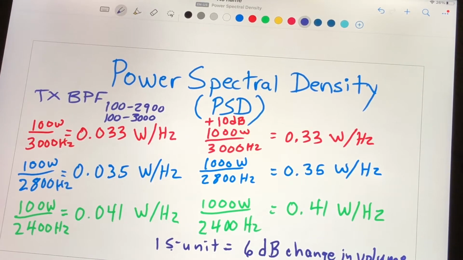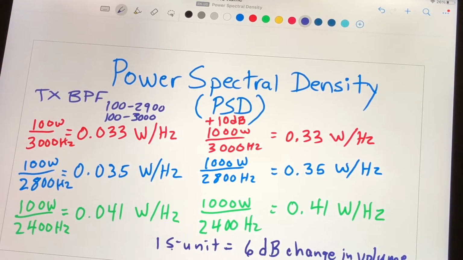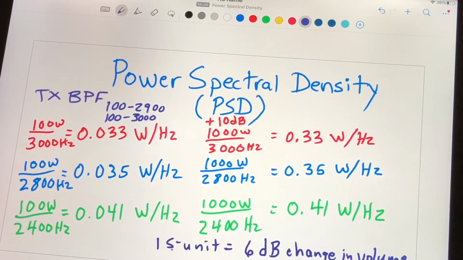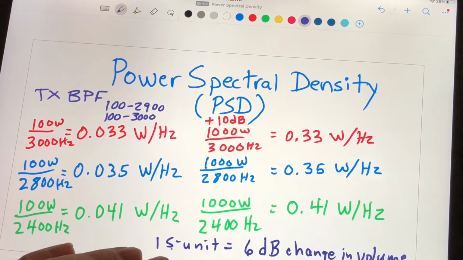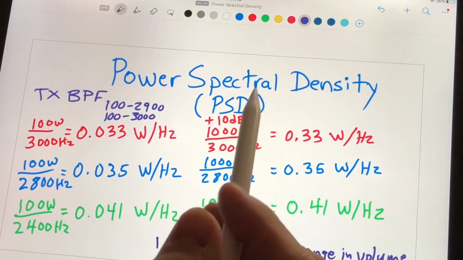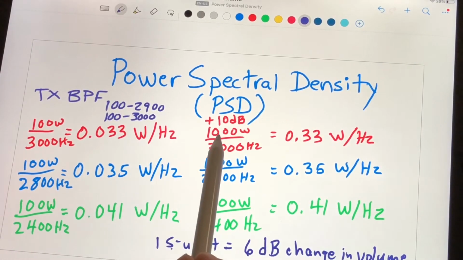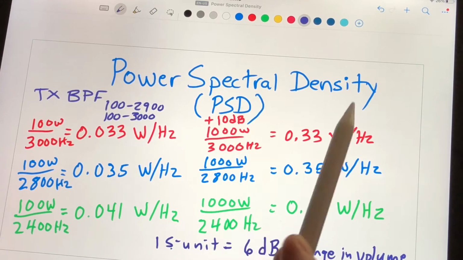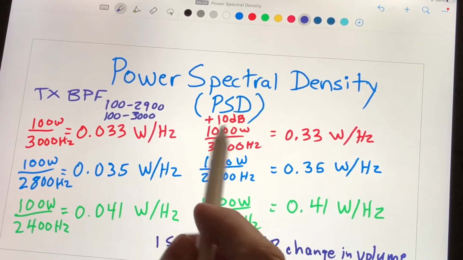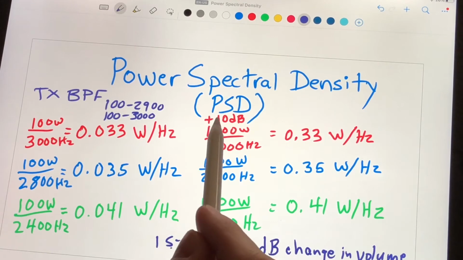We all know, and I did a video about it, that S meters are not all accurate. But that's the importance of the S unit, how it factors in, a 6 decibel change in volume would equal 1 S unit, and your ear can hear that. So up here, when we go from the 100 watts to the 1000 watts, we've increased by 10 dB. So clearly, that should show up on somebody's S meter.